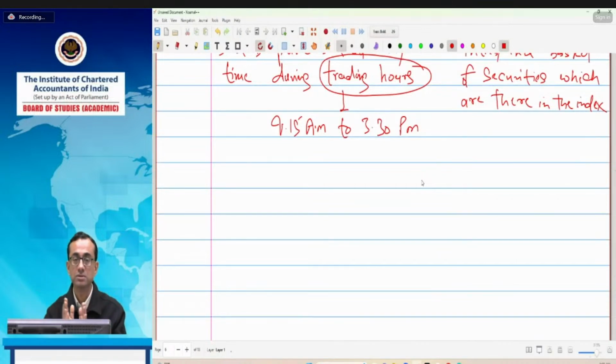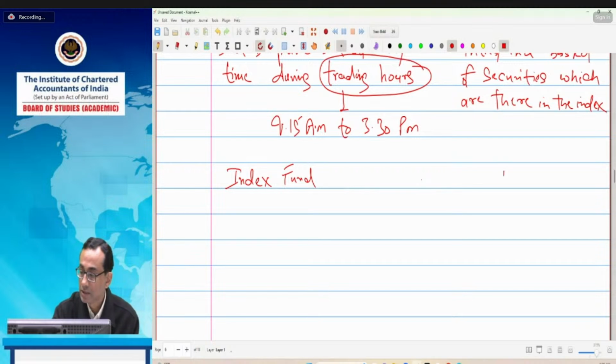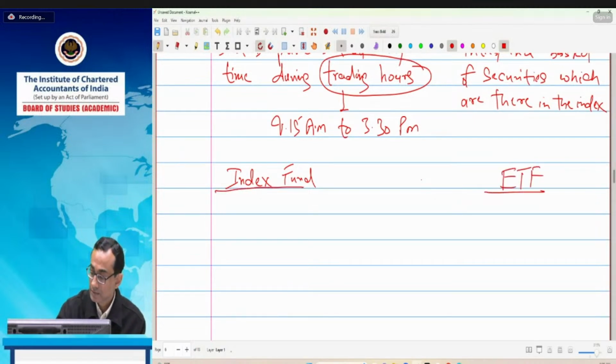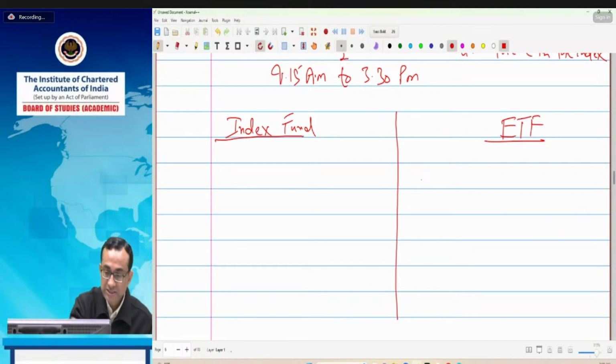These are both passive funds. An ETF is a combination of stock and index fund, and an index fund is a mutual fund. So what is the difference between these two? Let us see. Index fund and exchange traded fund. An index fund is basically passive.